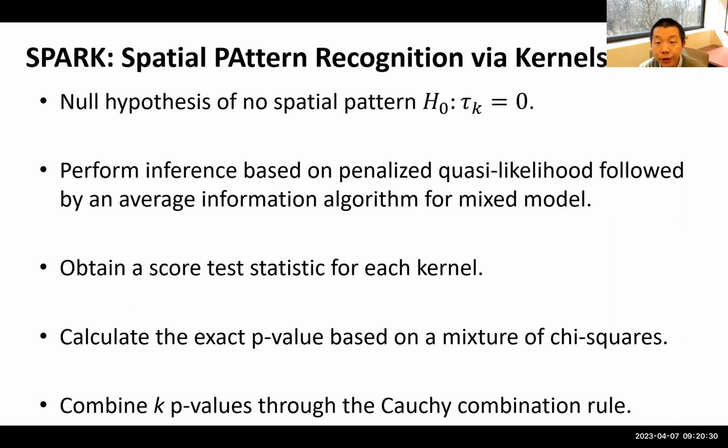This way, each kernel gives a p-value, but we have 10 different kernels, so we combine all 10 p-values through the Cauchy combination rule to arrive at a single p-value for each gene. That p-value tells you whether the gene shows a significant spatial expression pattern or not.